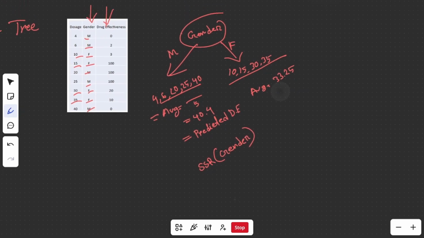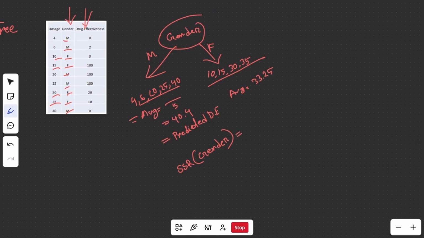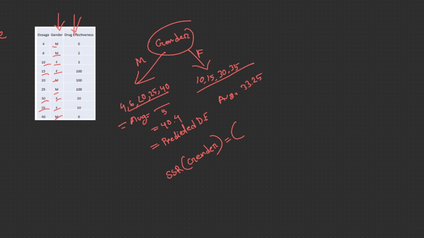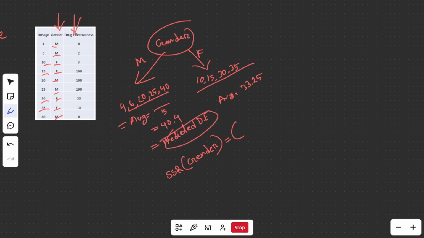So what we have to do here, we have to subtract the predicted value from drug effectiveness. So here we get 0 minus 40.4 whole square.